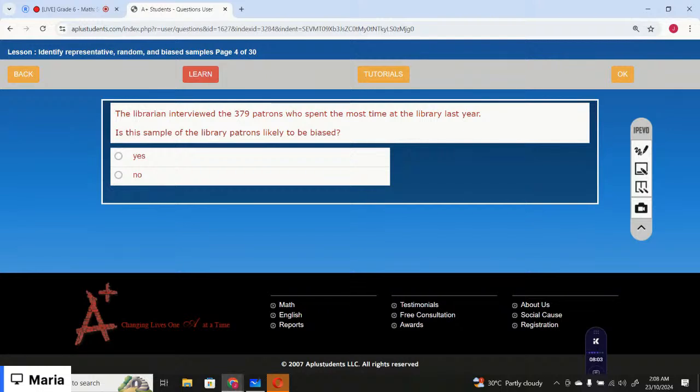The librarian interviewed the 379 patrons who spent the most time in the library last year. Is the sample of the library patrons likely to be biased?